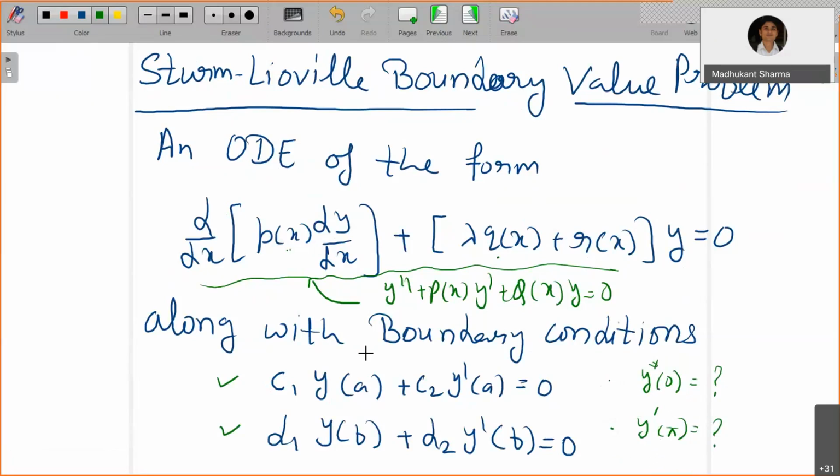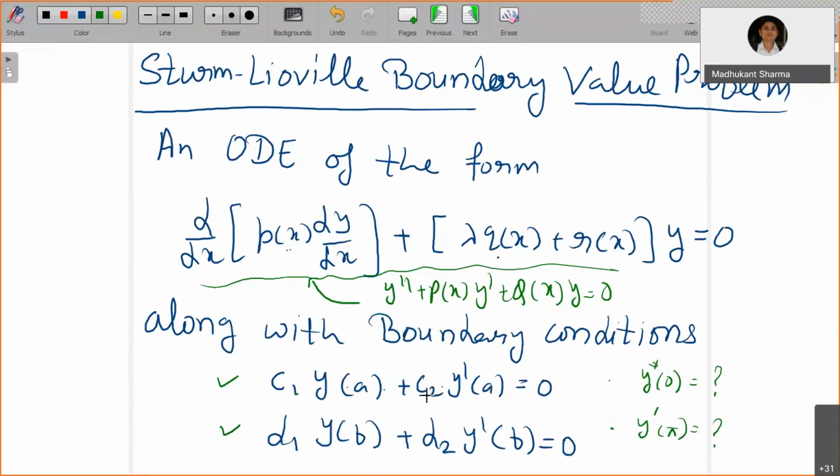That is the general form here: the boundary conditions are given in this specific form, c1 y at a plus c2 y' at a equals 0, at x equals a. Maybe c1 is 0 or c2 is 0, but both cannot be 0 at the same time. Either you know y at a or you know y' at a. Suppose c1 is 0, then y' at a is non-zero.